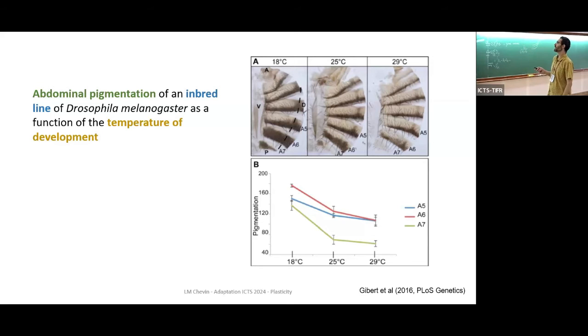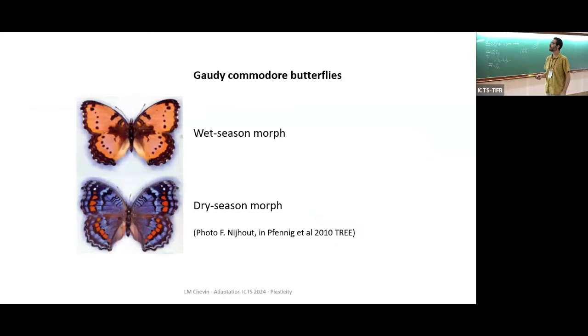But it turns out that this is what you get with the inbred line when you place them at these different temperatures. And so you can draw what we call a reaction norm of the darkness at these different temperatures. And they're more dark at the lower temperature. So this is thought to be helping them to warm under the colder temperature.